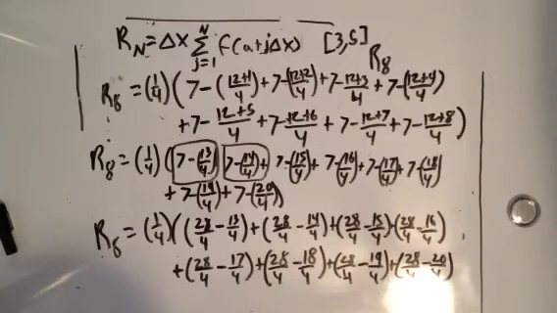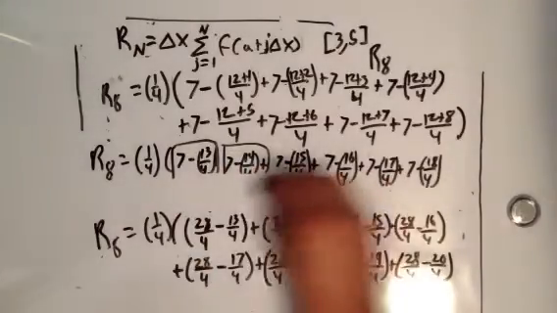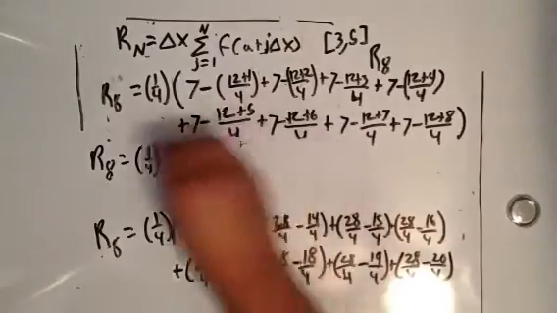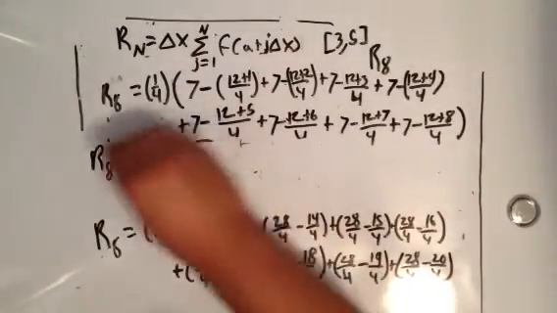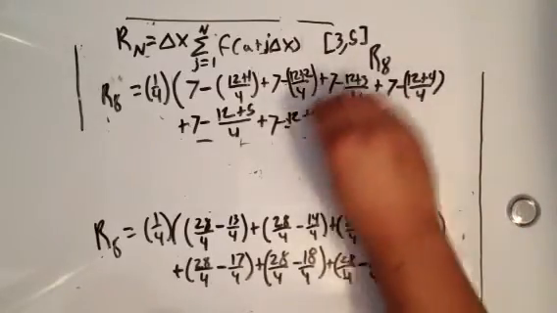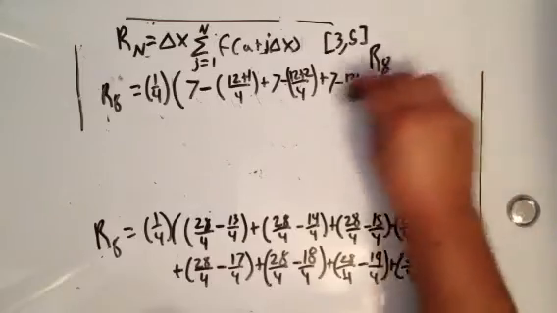So as you can see, it's pretty long, so let's just erase this up here to give ourselves some room, because these problems are extremely long, and they don't go away throughout calculus.